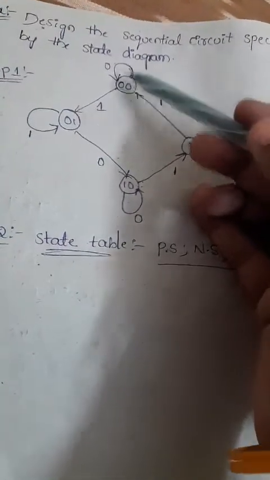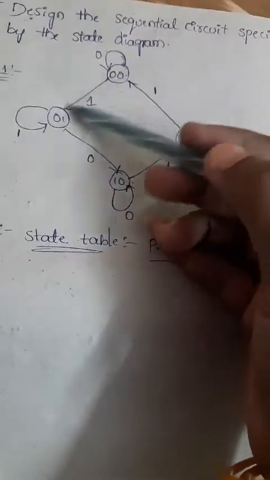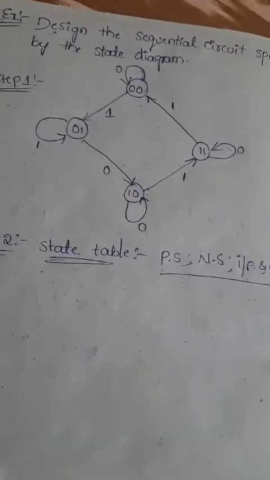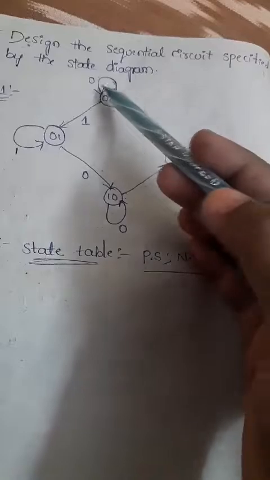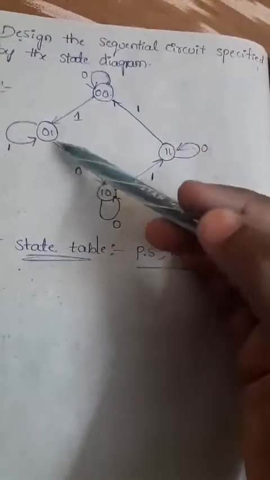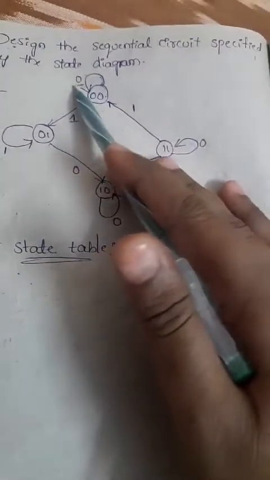One more thing you have to observe here: after a transition, that means from one state to another state, we have transition lines like this. The transition line is indicated with the input and output, right? Here we have only an input path.